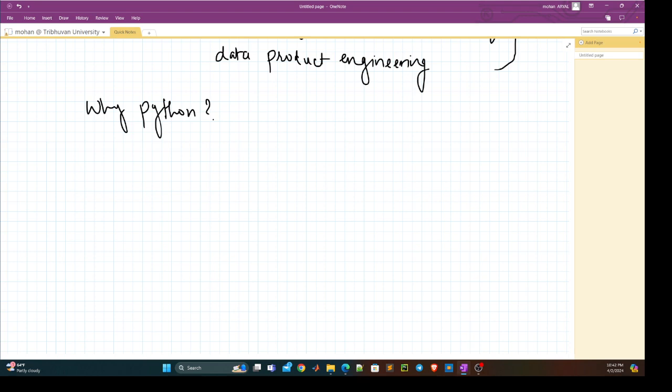And we will use here what is known as Jupyter and Jupyter Notebook. Why we use this?